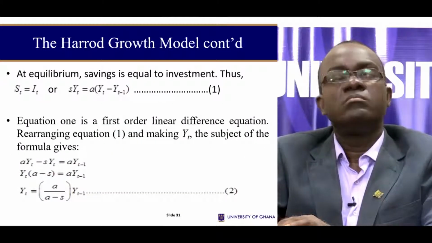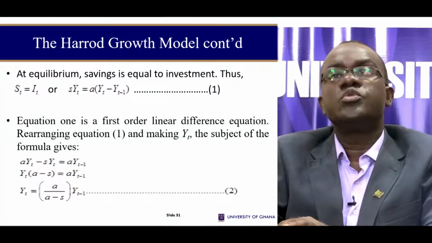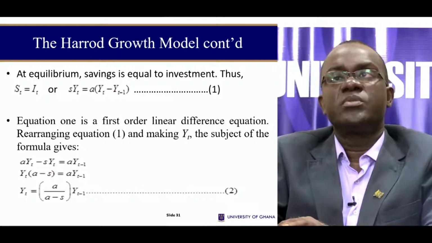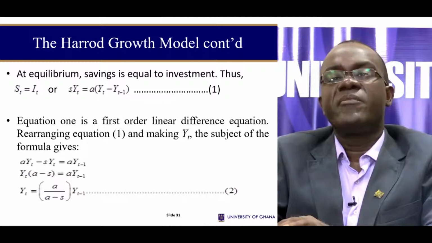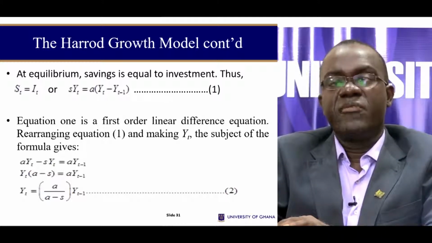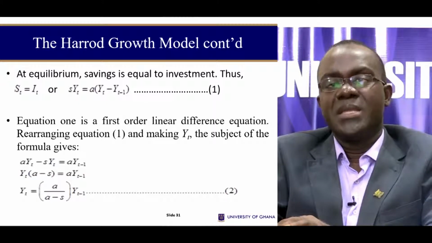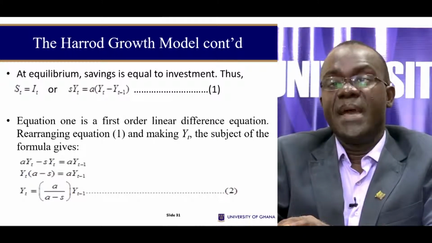What do we know? At the macro level, savings is equal to investment, and therefore we can put these equations together. When we write them in Y, we get this, which we can simplify as what we have over here. This is a difference equation, because the current value yt is being expressed in terms of the lag value yt minus 1.